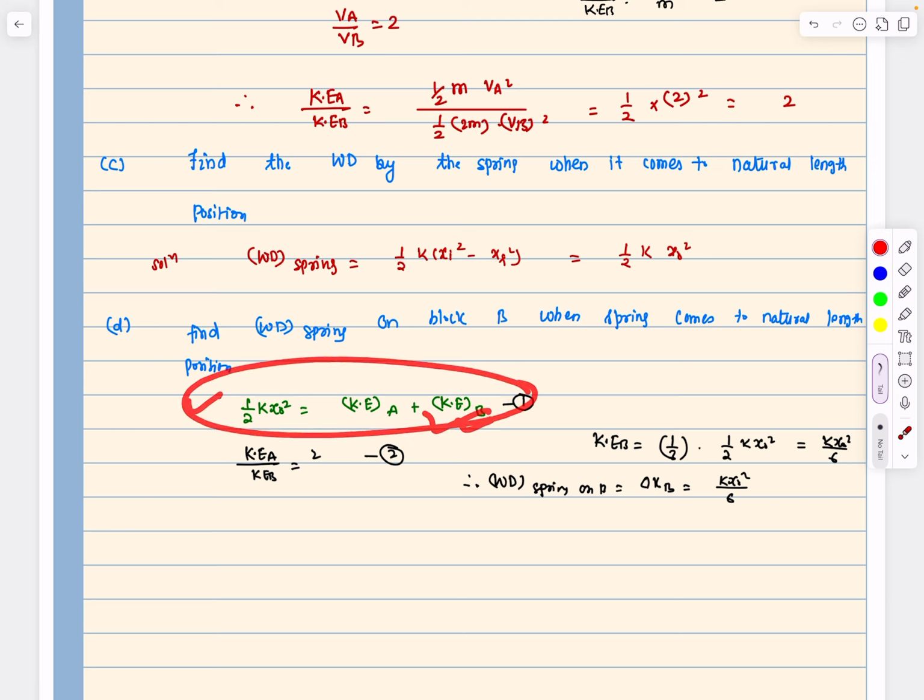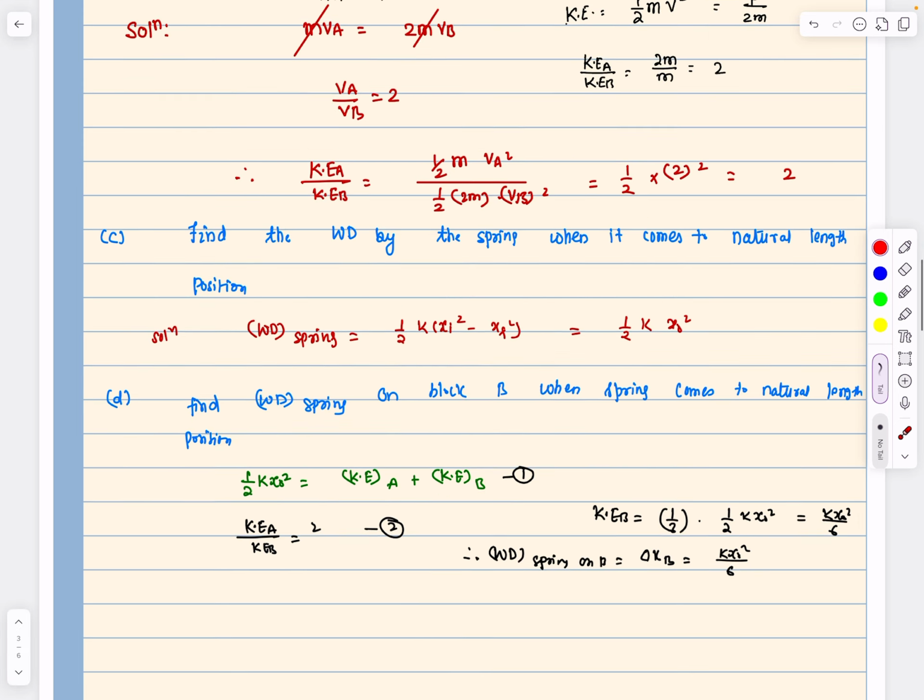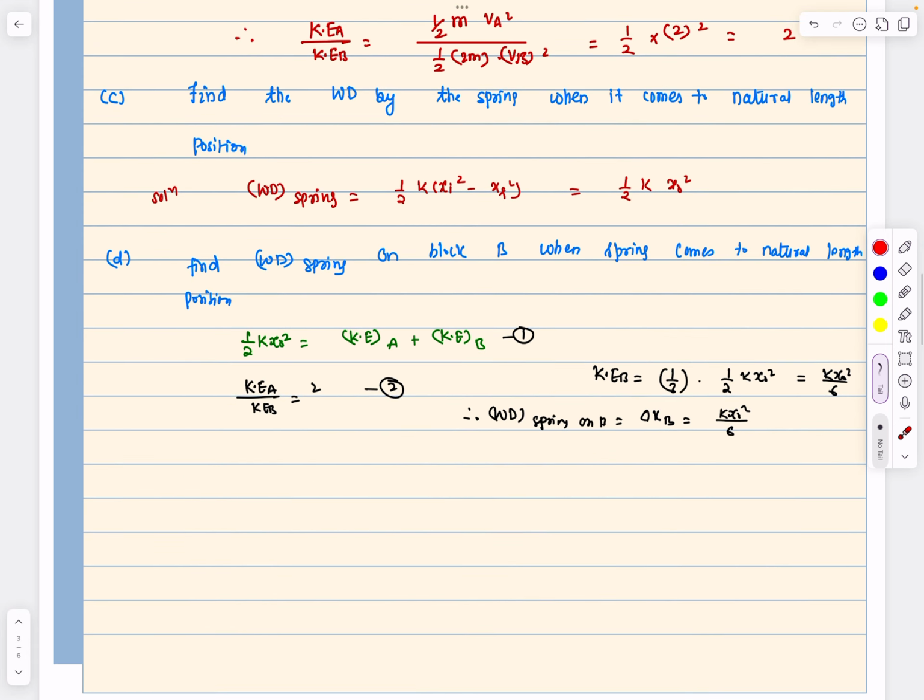Earlier we also found the kinetic energy ratio. Since momentum is conserved, velocity is inversely proportional to mass, and that comes out to be 2. Knowing the ratio, we can easily find the kinetic energy of B, basically one third of half k x naught square, that is k x naught square by 6.